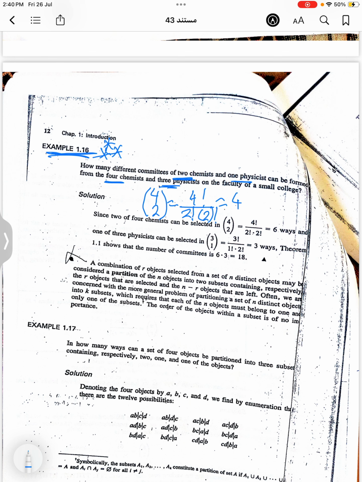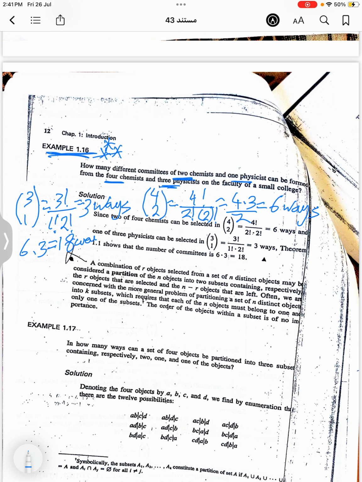It will be 4 times 3 over 2, which is 6 ways. Another thing, in order to choose the physicist, it will be 1 from 3. It will be 3 factorial over 1 factorial times 2 factorial, which is 3 ways. The total number of ways will be 6 times 3, which is 18 ways.